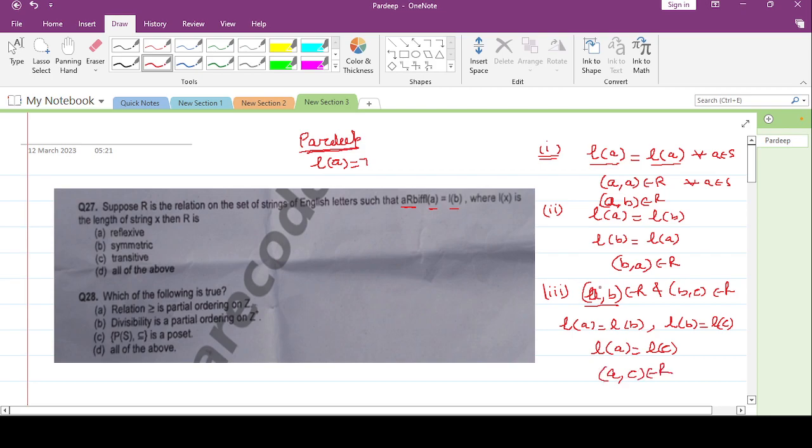So you see that this relation is reflexive, this property gives me symmetric, this property gives me transitive. So we can say that this is all of the above.